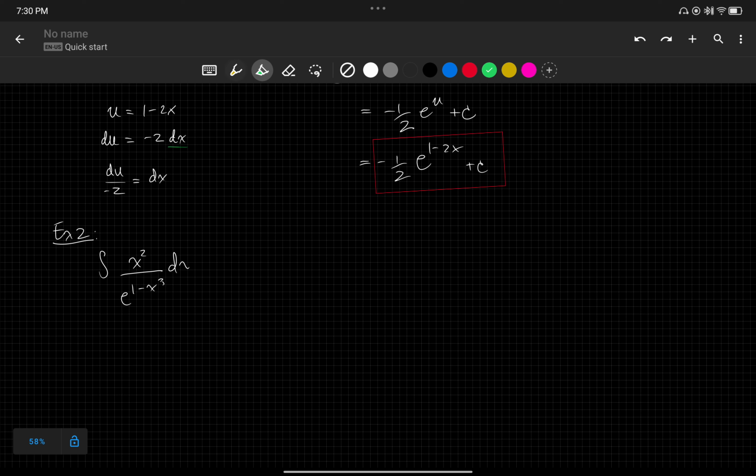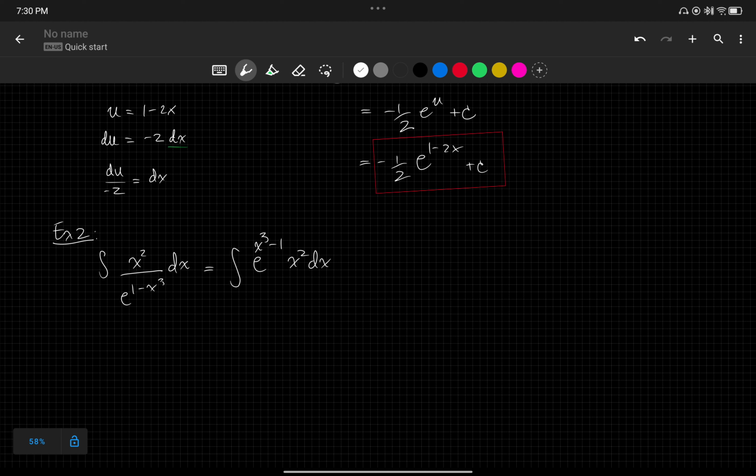So then this is x squared dx. And then if you bring this guy upstairs, what should be the exponent? Well, it's opposite, right? If x cubed used to be negative, now it's going to be positive. If 1 was positive, now it's going to be negative. So it's opposite because you moved it, right?